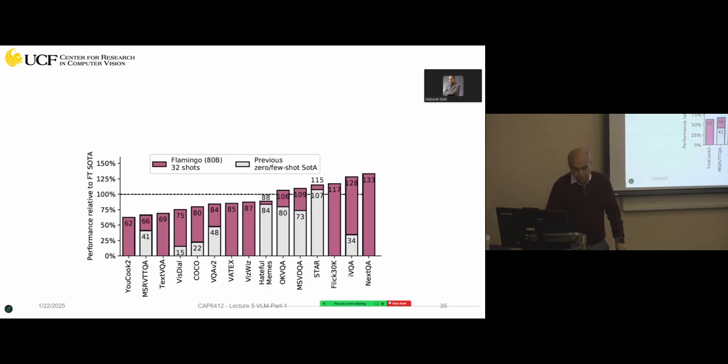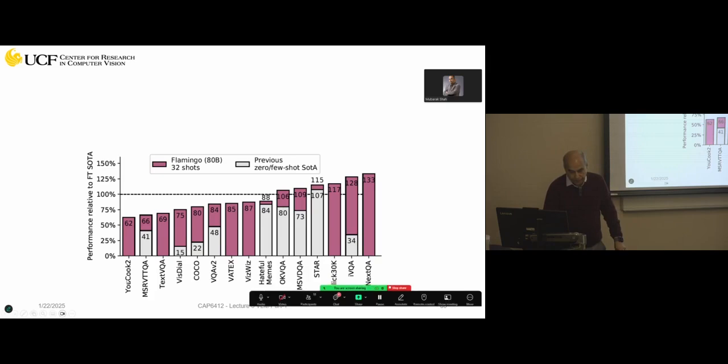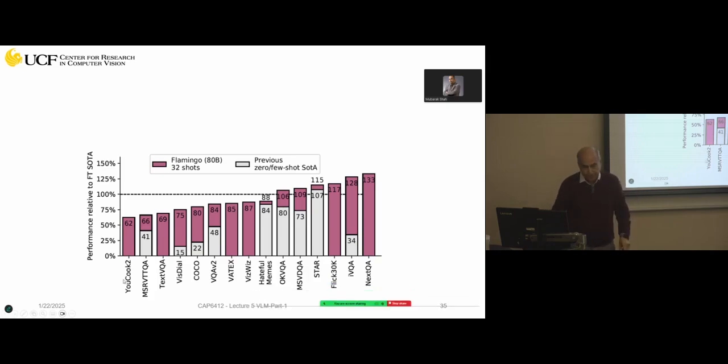Okay? So you could choose this method, which actually used that data set. This one, MSRVTT question answering, was trained on this data set, with performance of 41, but here they use only 32 shots and their performance is 66. So they are doing better than the fine-tuned model, right? In all these problems there's no method which does that, so this is their 62 in all this.